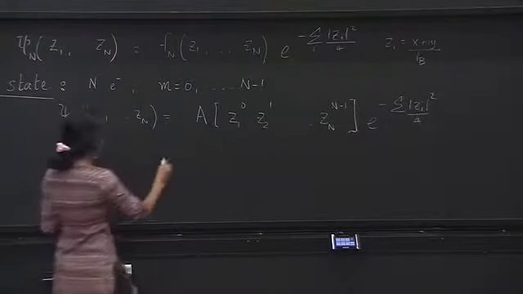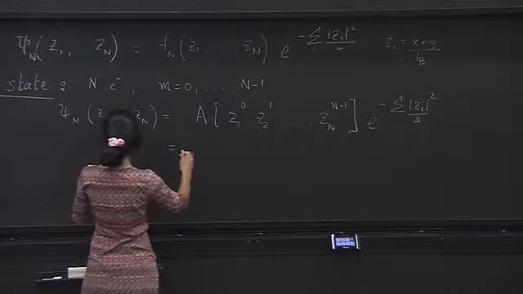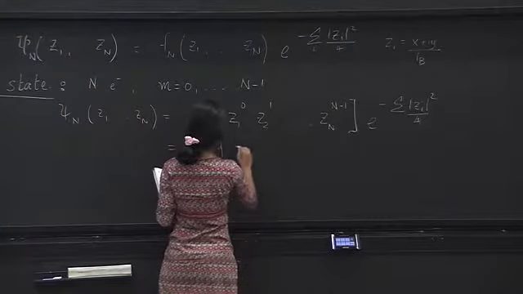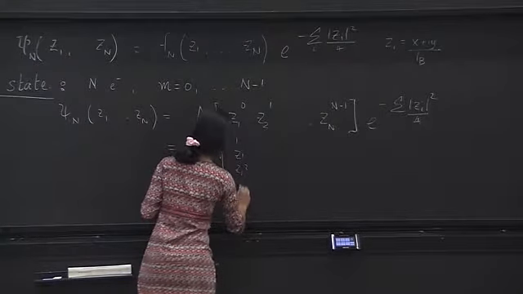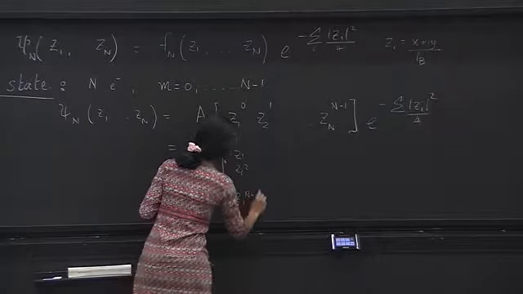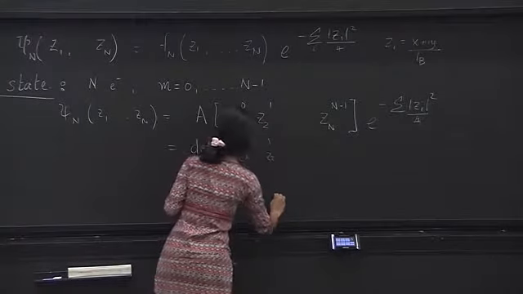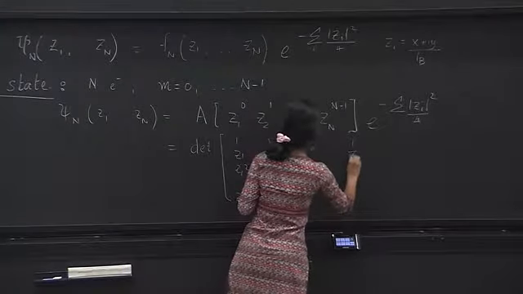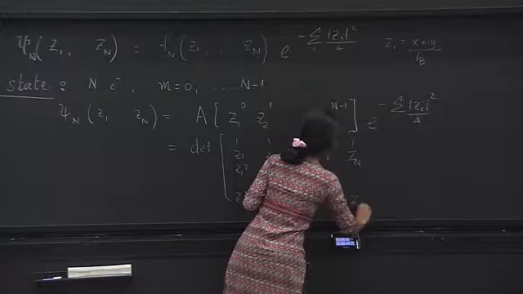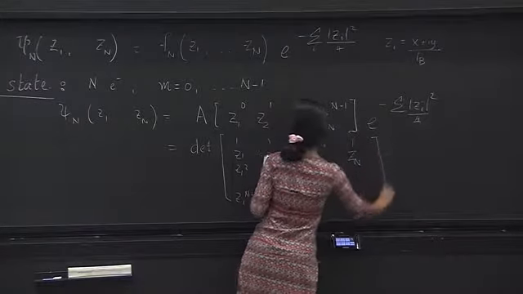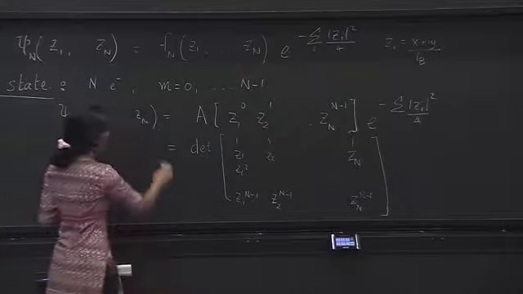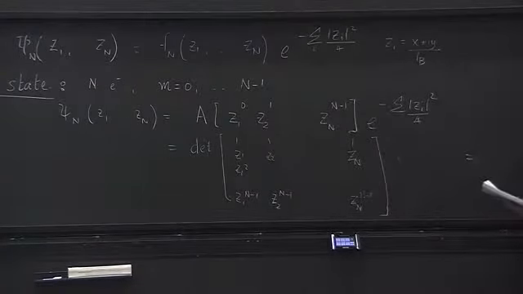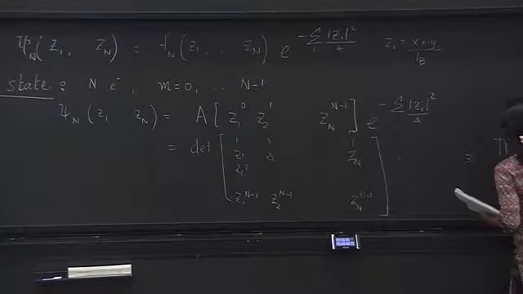Okay, so this is equivalent to this determinant, with powers up to n minus 1, times the Gaussian factor. And it turns out it is also exactly equal to this.